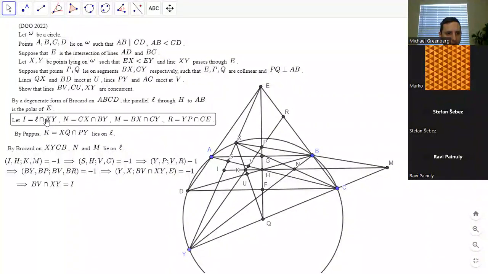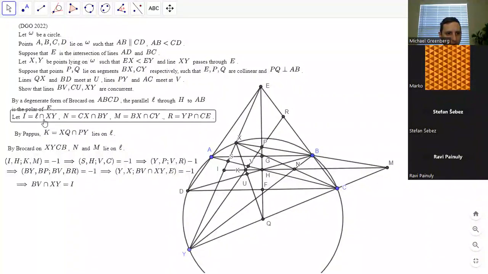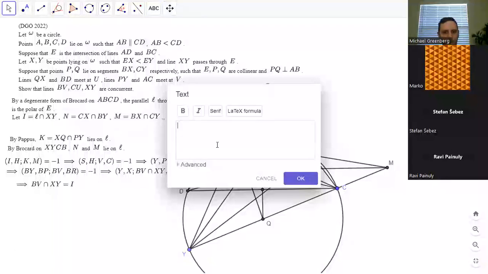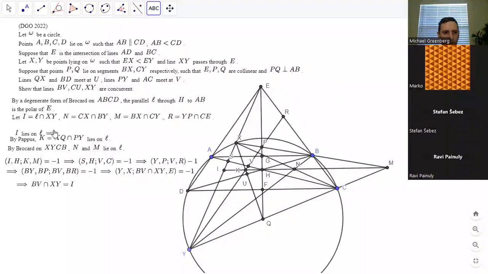Because yeah, I didn't really write that out. But that's really what I used. So I lies on L. And that means that YXIE is -1.